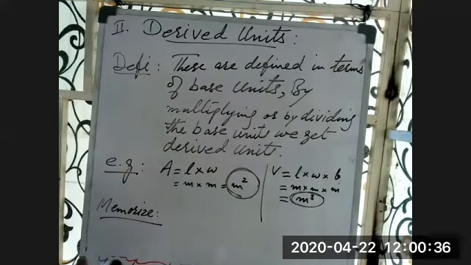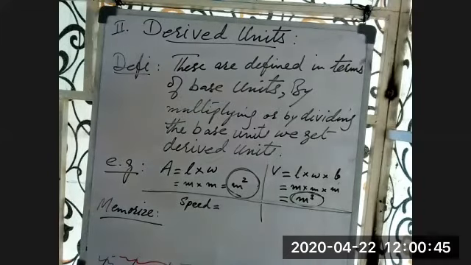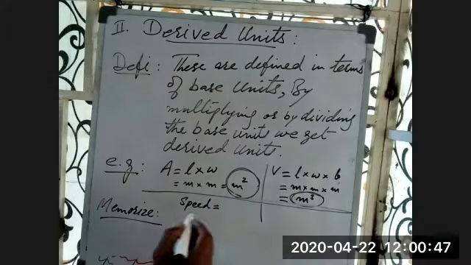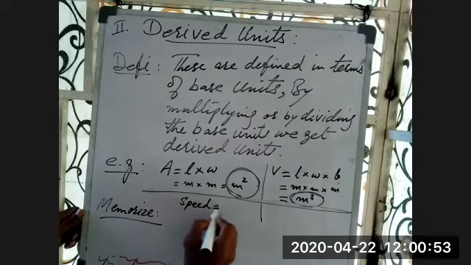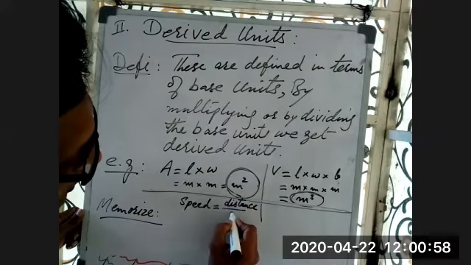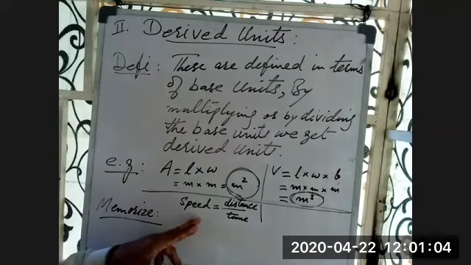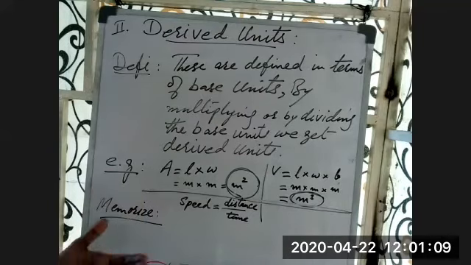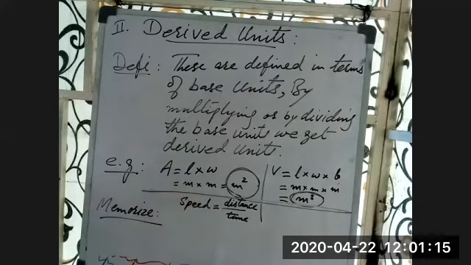Now we come towards another example. For example, speed. How do you calculate speed? Speed is equal to distance divided by time. We don't know this formula yet, but it will be taught in the next chapters. At present, I just tell you that the formula for speed is distance divided by time.